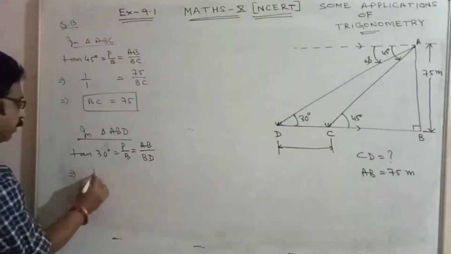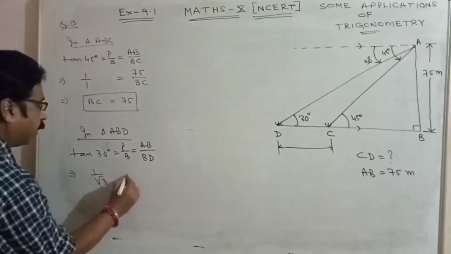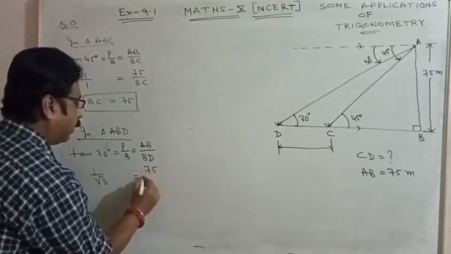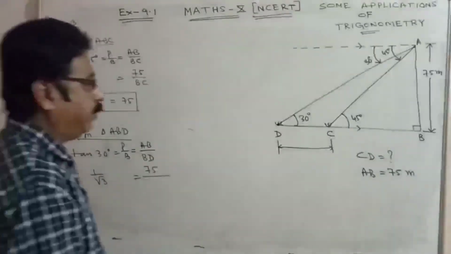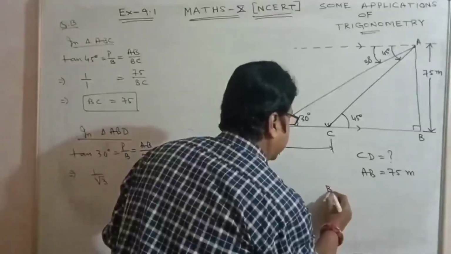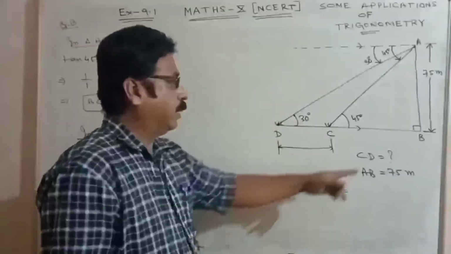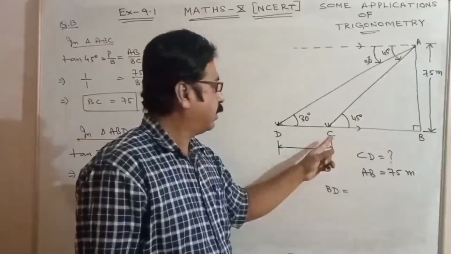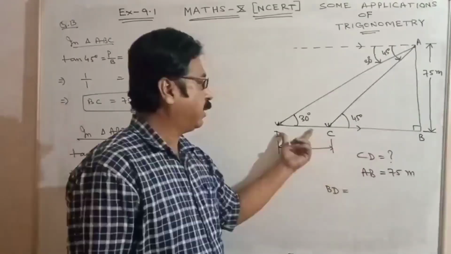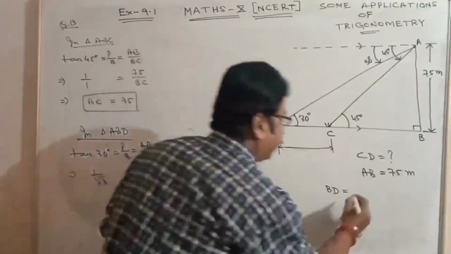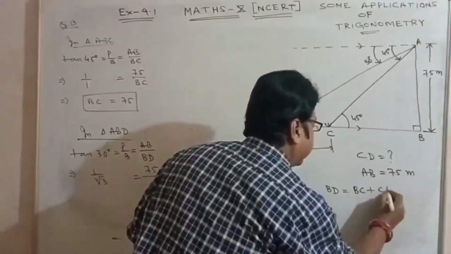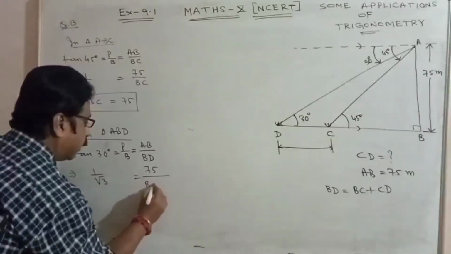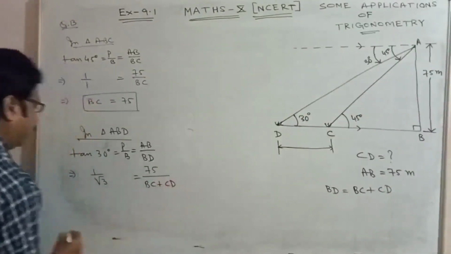Tan 30 degree means 1 upon root 3 equals to AB is known, 75, upon BD. BD means BC plus CD. BC plus CD is BD. So in place of BD, we can write BC plus CD.